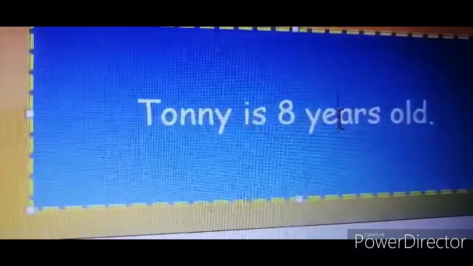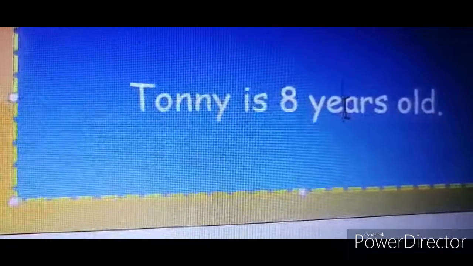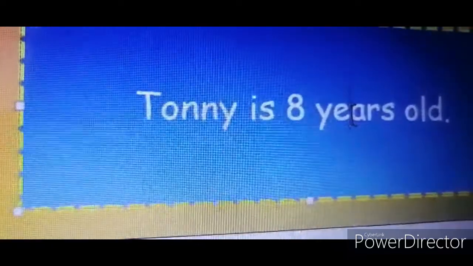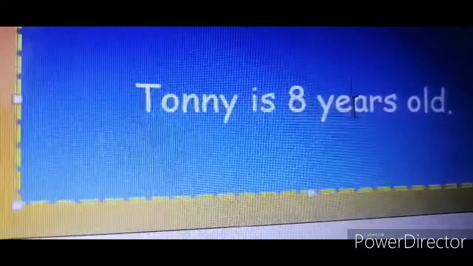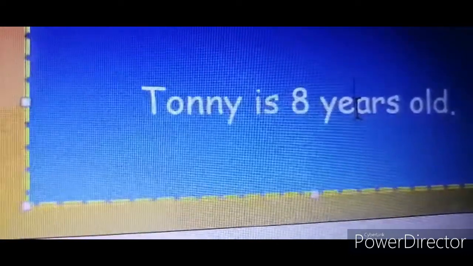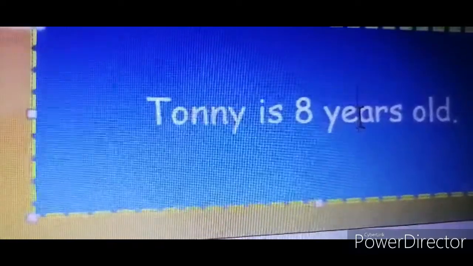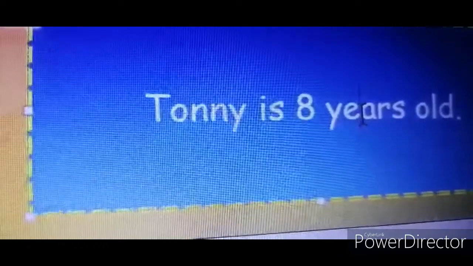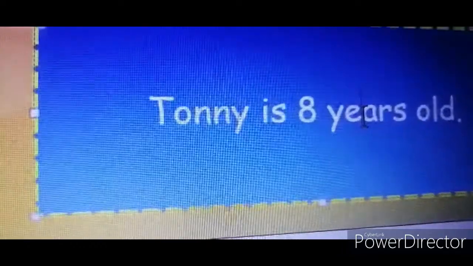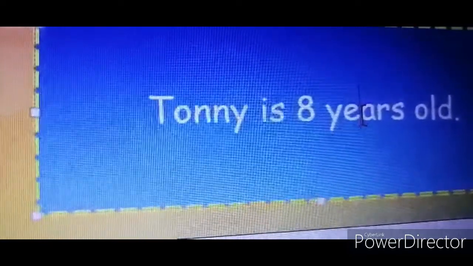Here my cursor is between the letter E and A. When I press backspace, it will erase the letter found on the left hand side of the cursor.